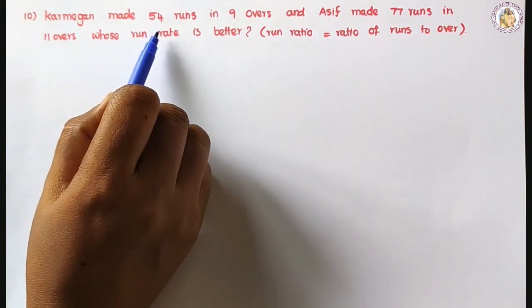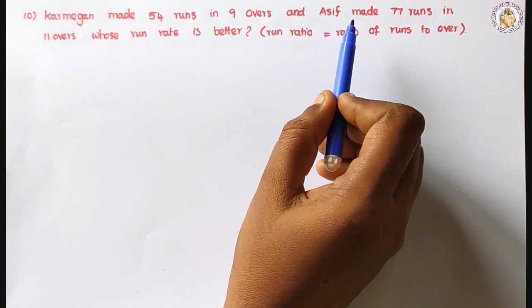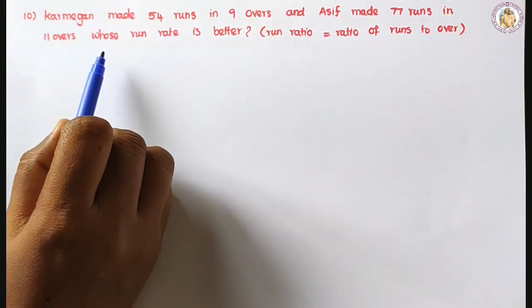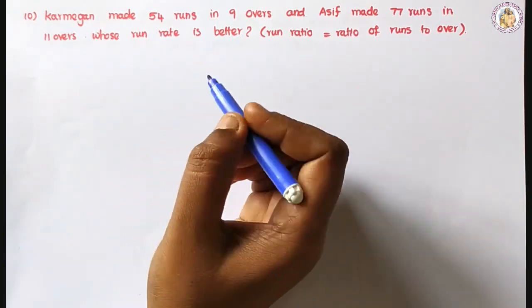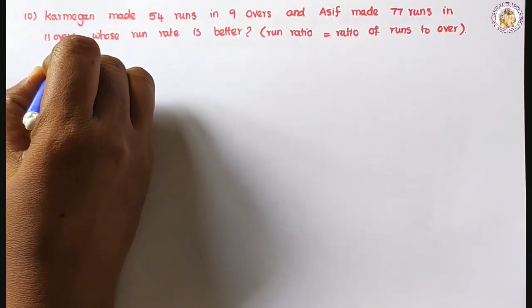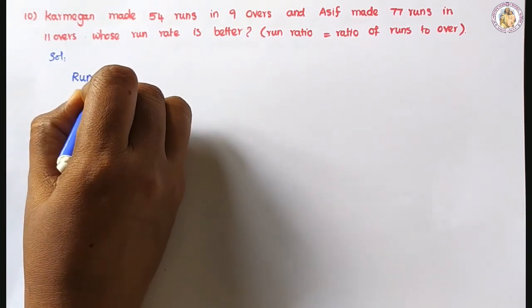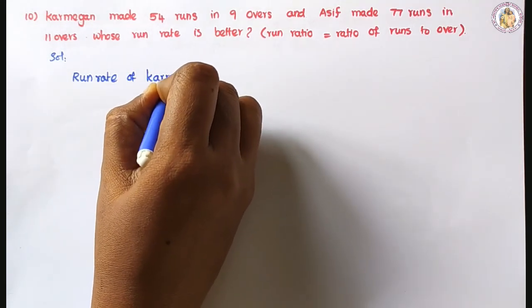10th sum. Carmagan made 54 runs in 9 overs and Asif made 77 runs in 11 overs. Whose run rate is better? So first one, run rate of Carmagan.